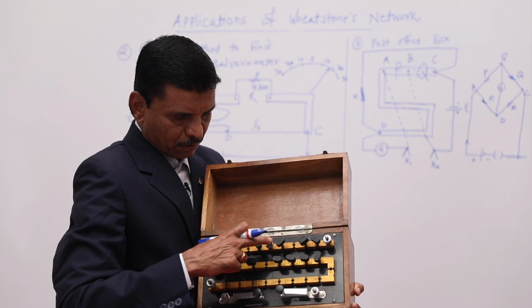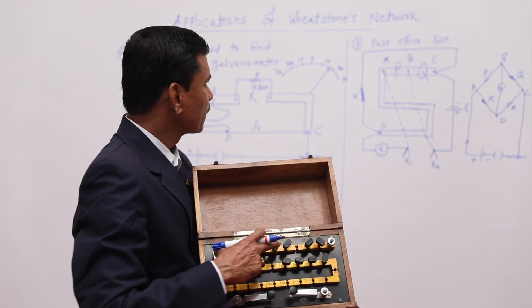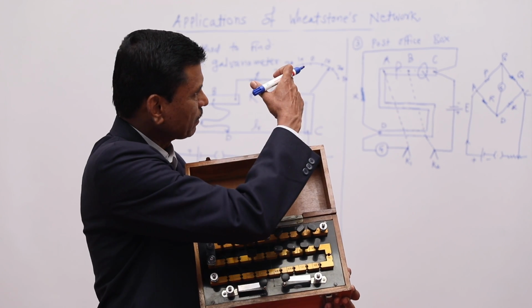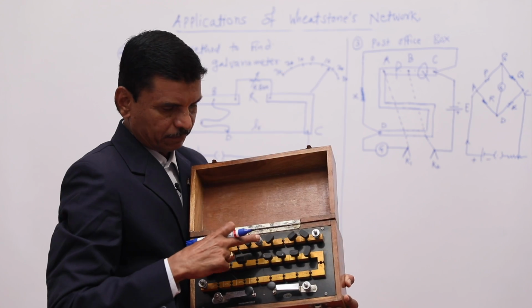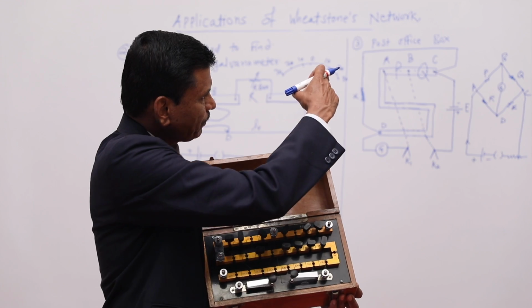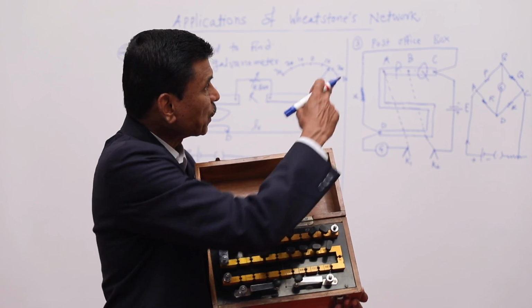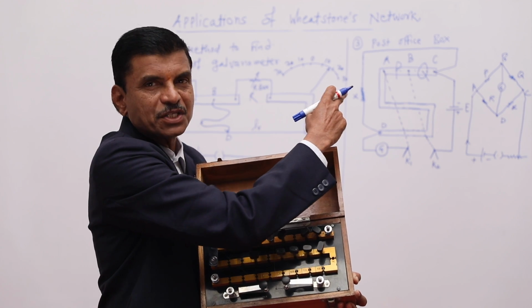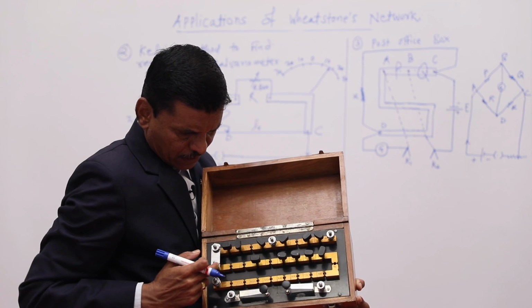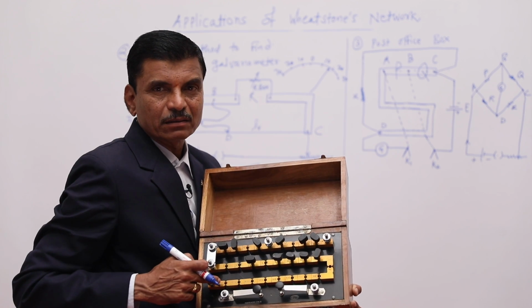From A to B, whatever may be the key opened, is the resistance P. See the diagram. From B to C, whatever may be the key open, is resistance Q. And in this section, the total resistance is R.